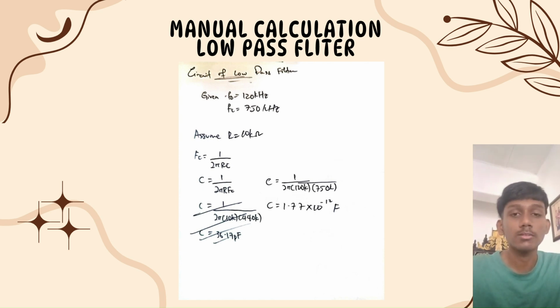We use the formula Fc equals 1 over 2 pi RC, in which we rearranged the formula to C equals 1 over 2 pi R Fc, and then we inputted the given values to get the capacitor value of 1.77 times 10 to the power of negative 12 F.